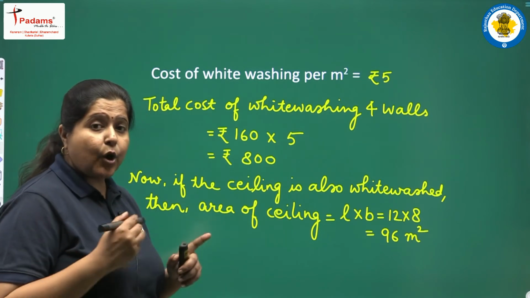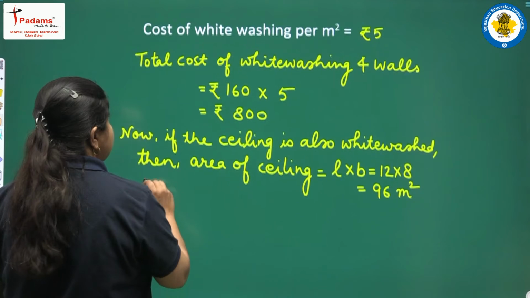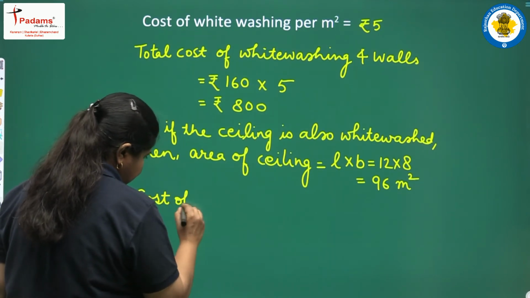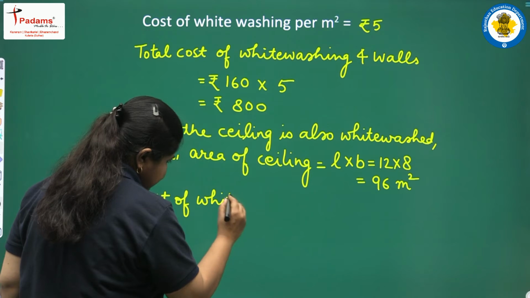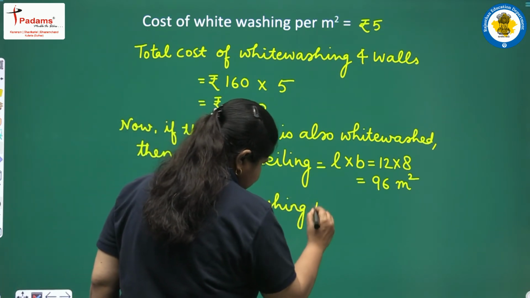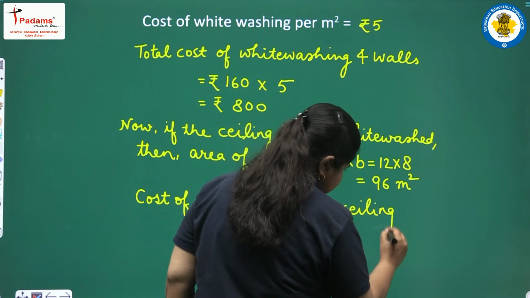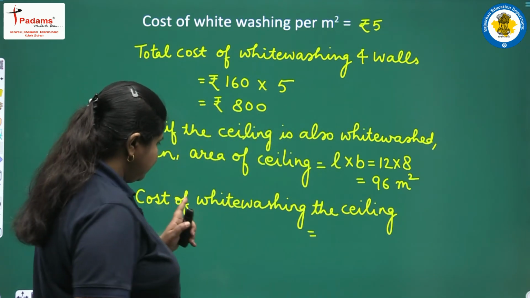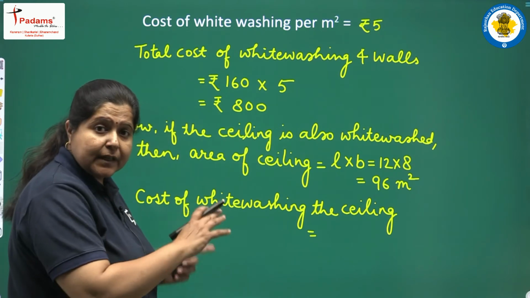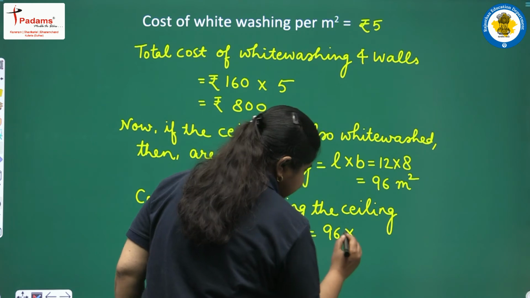Now the cost of whitewashing the ceiling, we find it. Cost of whitewashing the ceiling. Ceiling को भी अब हम whitewash कर रहे हैं. वाइट वॉश मतलब जो सफ़ेदी करवाते हैं घर में, this means whitewashing. And now cost of whitewashing, it will be the area of the ceiling into the rate. एरिया कितना है? 96 और रेट कितना है वाइट वॉशिंग का?